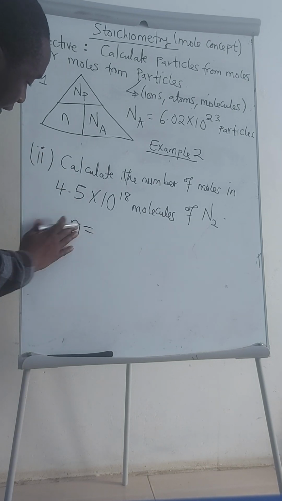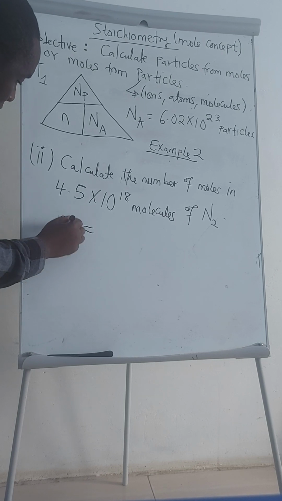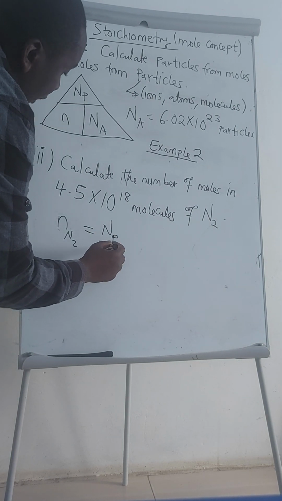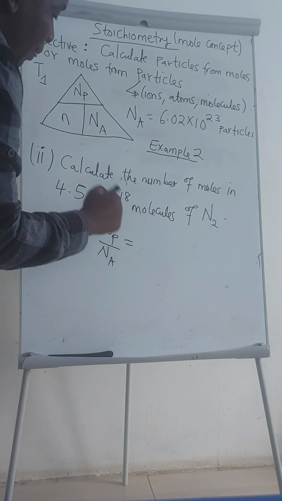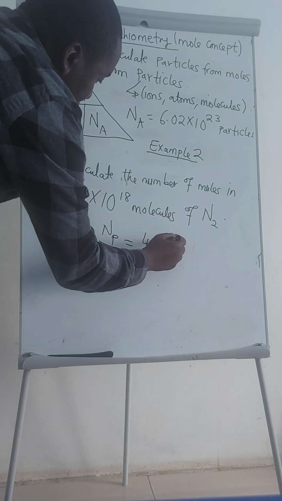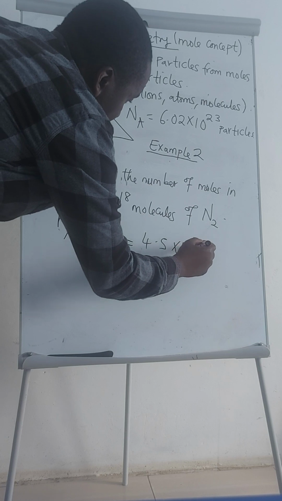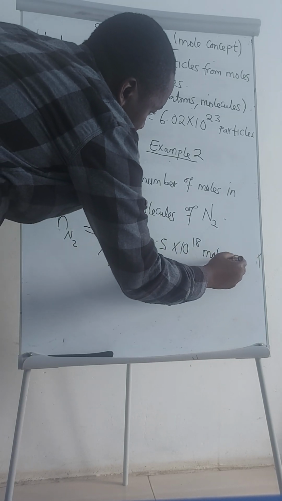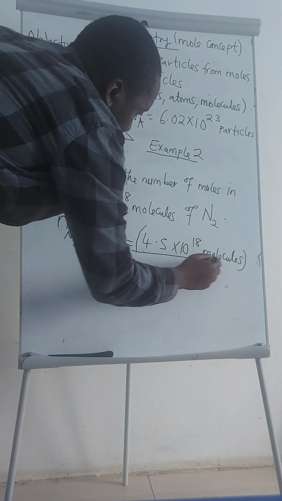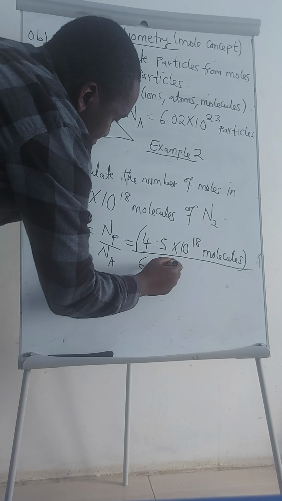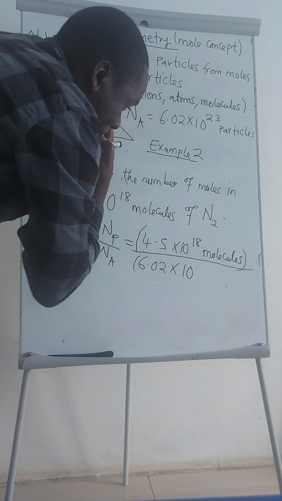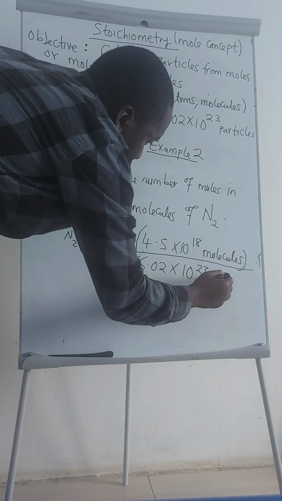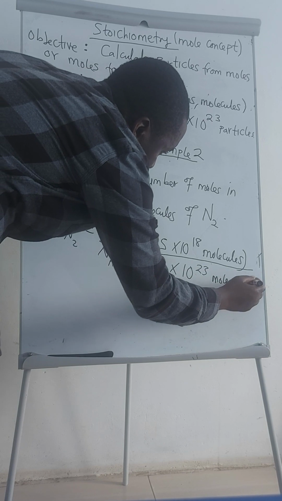So the number of moles of nitrogen is equal to NP over Na, which is 4.5 times 10 to the power 18 molecules over Avogadro's constant, 6.02 times 10 to the power 23 molecules per mole.